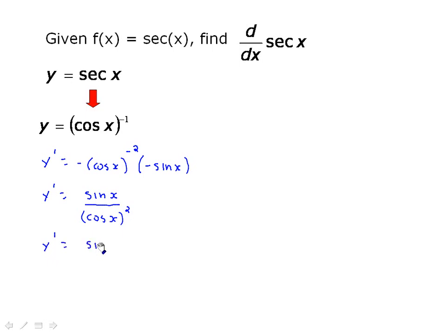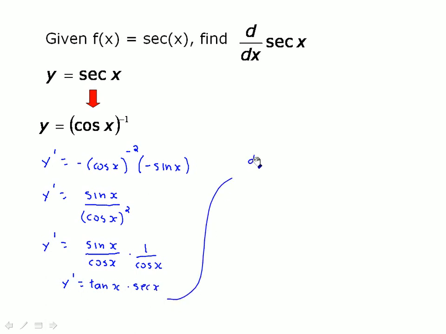So we could write it in a better form of sine x over cos x, break it up, and then 1 over cos x. Now you're probably thinking, well, right away, of course, that sine over cos is the form you want, because that is equal to tan. So y prime is equal to tan of x times, well, the reciprocal of cos is secant x.